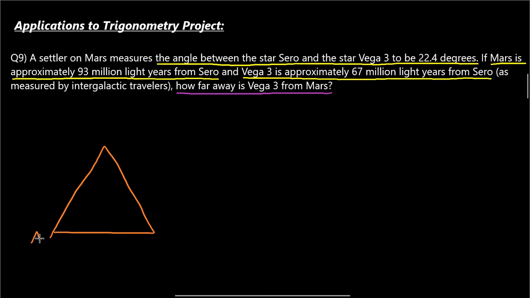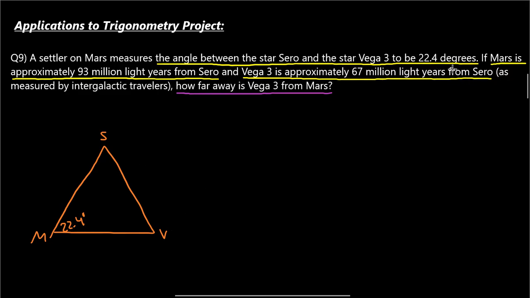So we're going to label this as M, this as S, and this as V. We know that the angle between the star Cero and the star Vega 3, between these two, is 22.4 degrees, because it is the angle between these two stars.